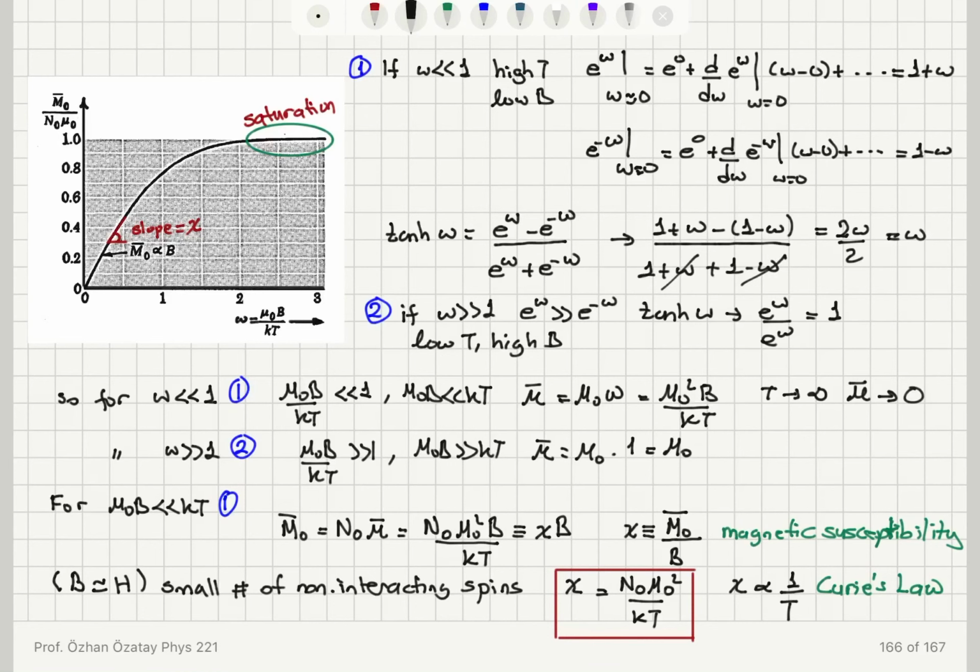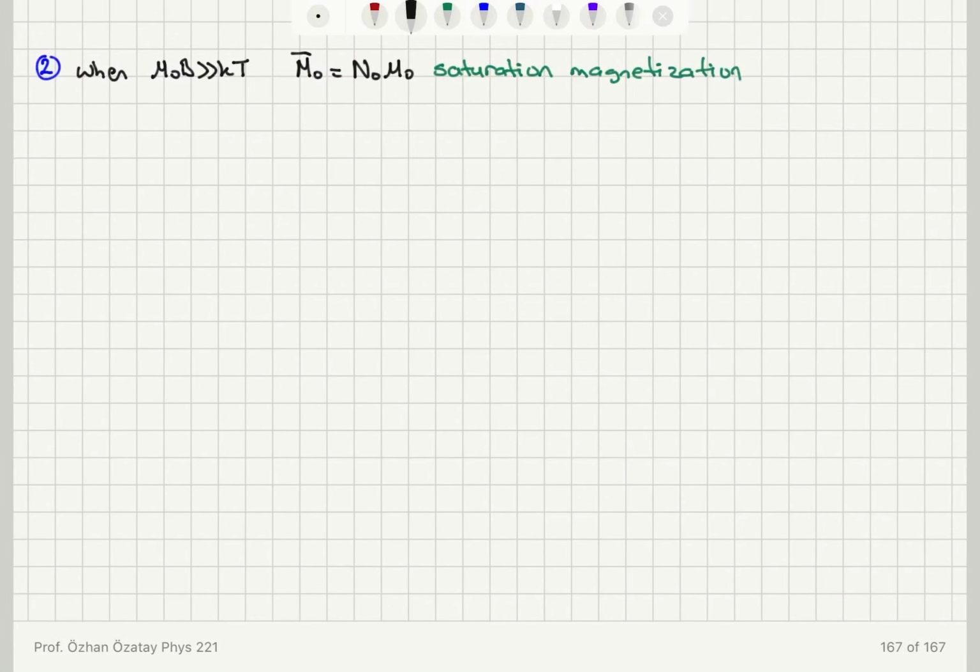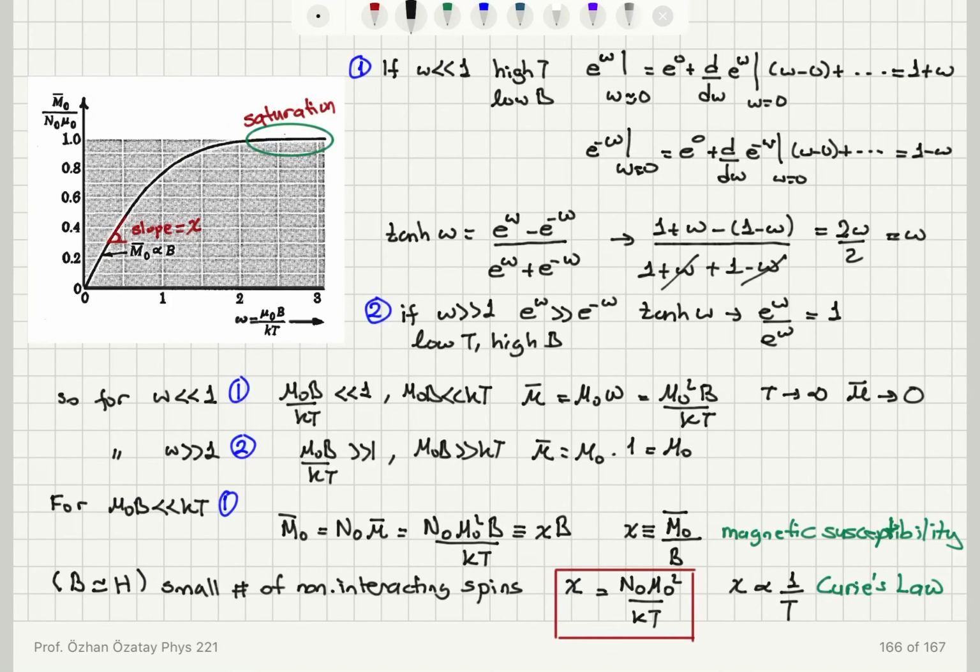For the external magnetic field, I don't call it H here, I call it B, because H and B are almost the same, since I have non-interacting spins. And so this magnetic susceptibility is n 0 mu 0 squared divided by kT. It's proportional to 1 over T, that's Curie's law. In the other limit, when mu 0 B is much greater than kT, M bar becomes n 0 mu 0, that's saturation magnetization.